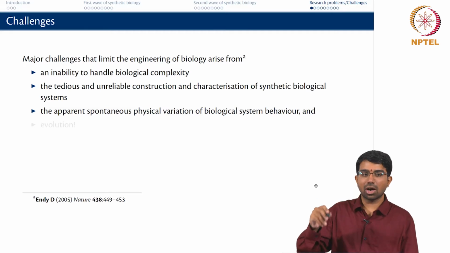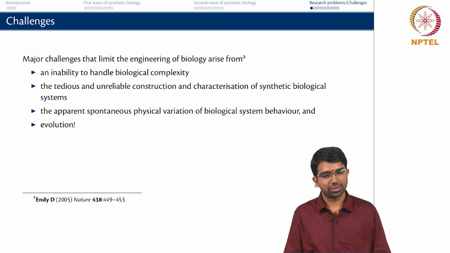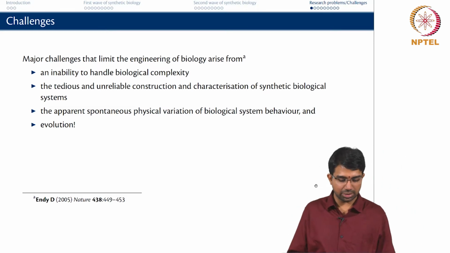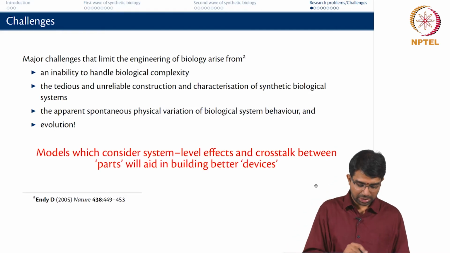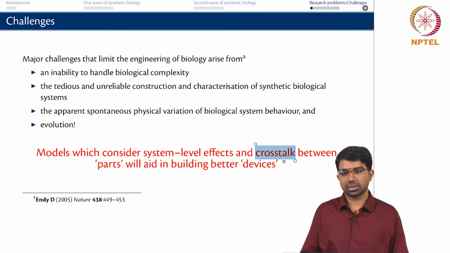Because of these complexities it becomes very challenging to model such systems, and of course there is evolution itself. The system will evolve to a different state or reject the changes that you are putting in. Importantly, models which consider system level effects and crosstalk between parts will aid in building better devices.